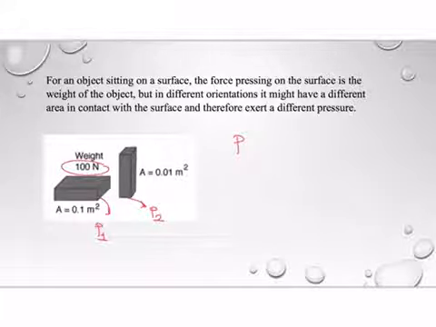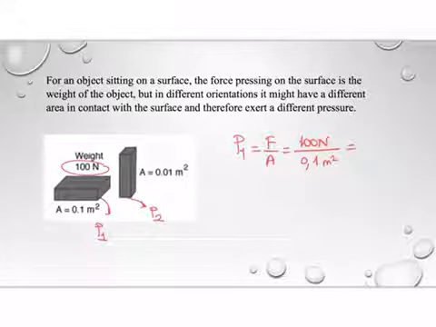Now P1 is equal to, from force over area, the force here is the weight of the object, which is 100 Newton, over the area 0.1 meter square, which is equal to 1000 Newton per meter square.